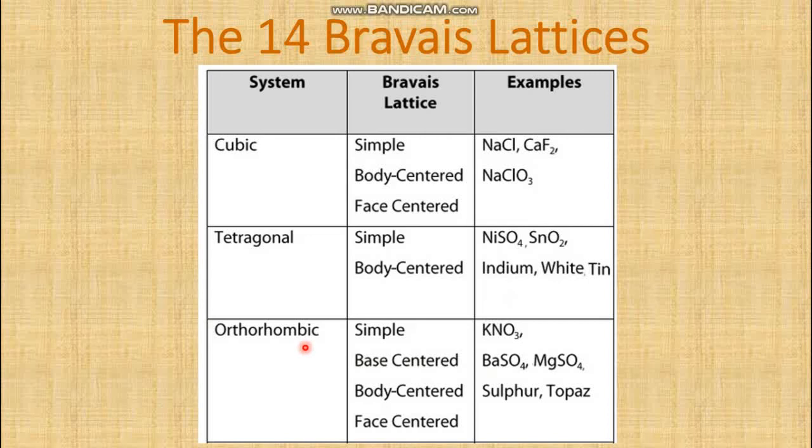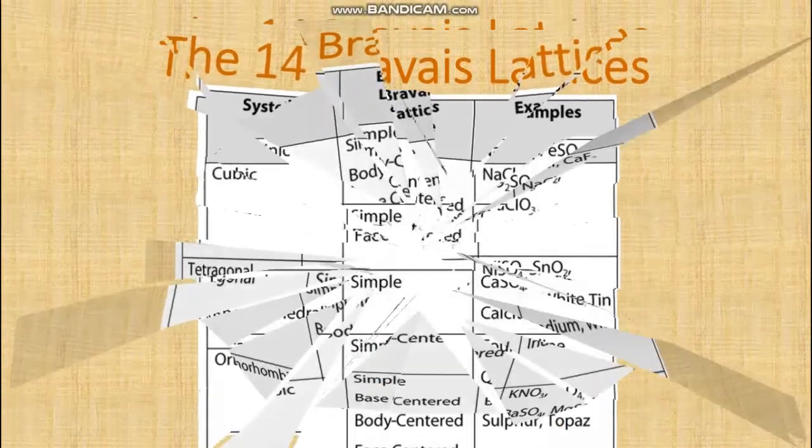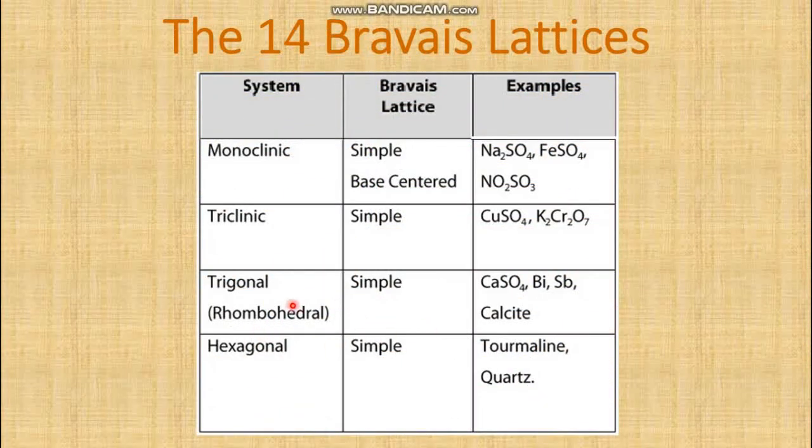We know there are 2 types of sulfur, orthorhombic sulfur and monoclinic sulfur. The term monoclinic you have learnt right now. This is the only crystal system which possesses all the 4 space lattices, and no other system has all 4.